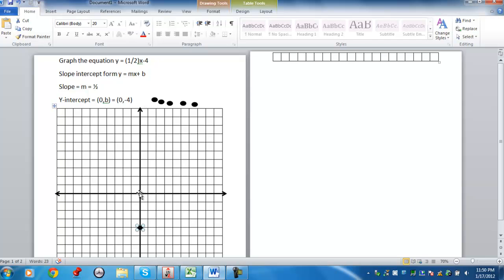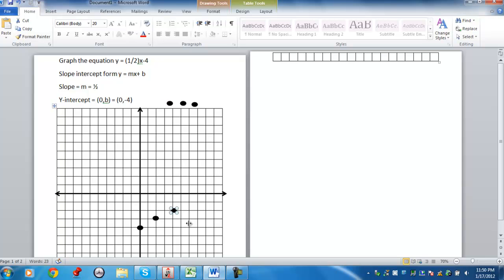The x value is 0, the y value is -4. Use the slope. At this point here, the slope is 1/2. That means from this first point here, I'm going to go up 1 over 2. Again, with each dot, it's going to have the same slope pattern. You're going to go up 1 over 2.